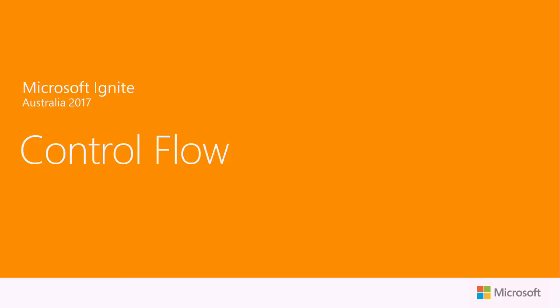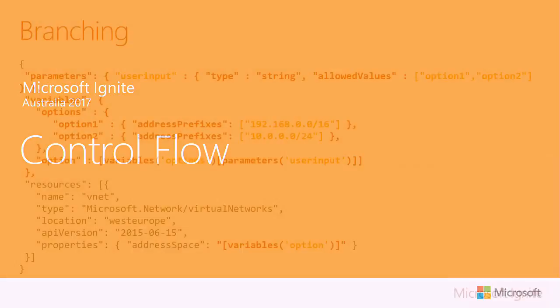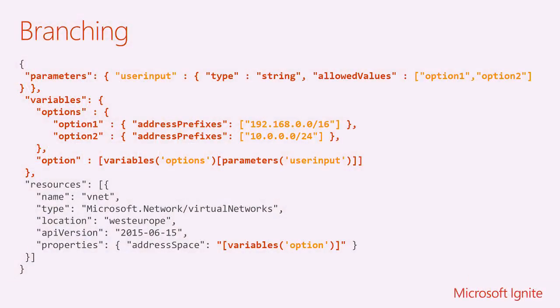So let's look at what options and tools you have in order to control flow. When I talked about the cluster earlier, I said that we have the ability to optionally deploy Kibana, optionally deploy a jump box or an external load balancer. So how do we actually achieve that? We have the ability to branch within ARM templates using this kind of hash construct here.